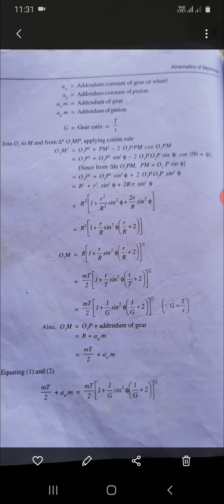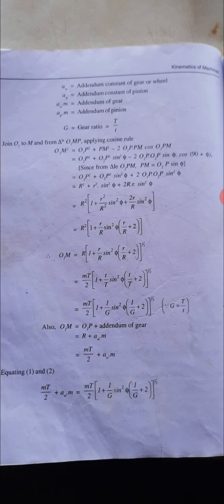So O1P squared plus O2P squared sin squared phi minus 2 O1P O2P sin phi cos (90 plus phi) is equal to r squared plus R squared sin squared phi plus 2 R sin squared phi. So r squared is common: r squared times (1 plus R by r squared, plus 2 R by r) sin squared phi, which is r squared times (1 plus R by r (R by r plus 2) sin squared phi).